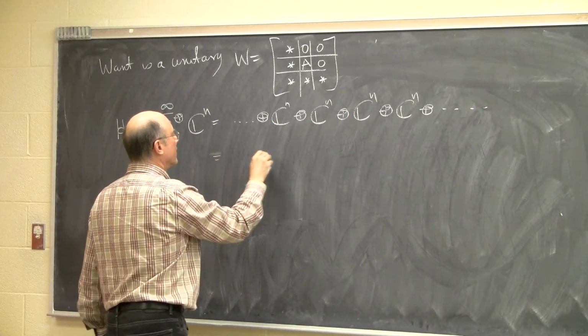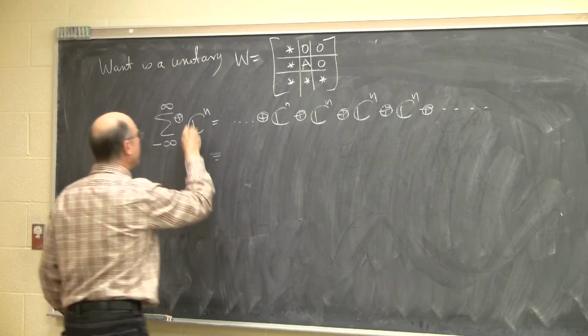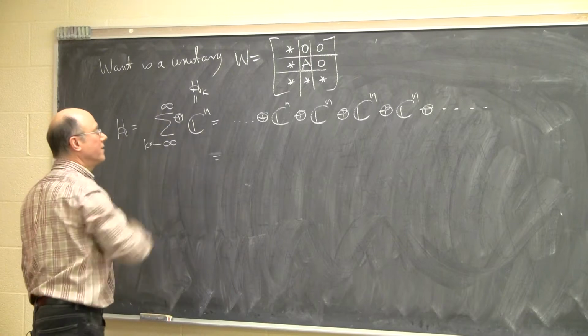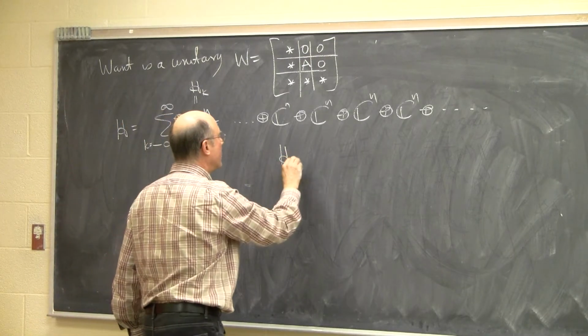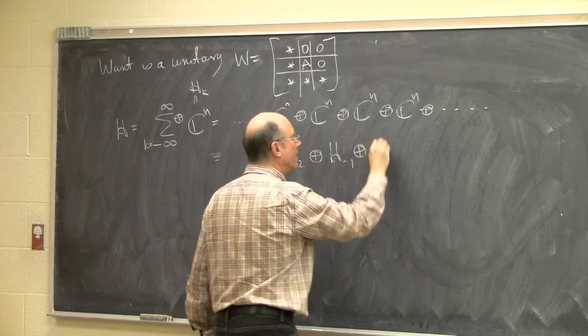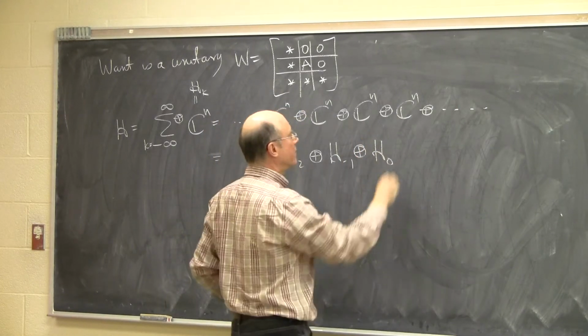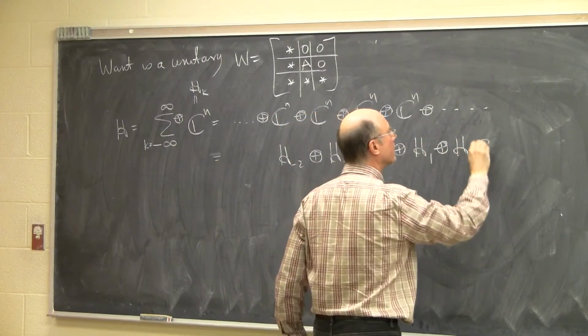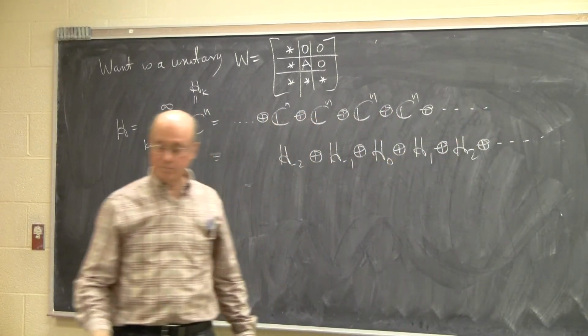Let me call these H_k, k equals minus infinity to plus infinity. So here I say I have H_-2 direct sum H_-1 direct sum H_0, which is my original space. Like that.